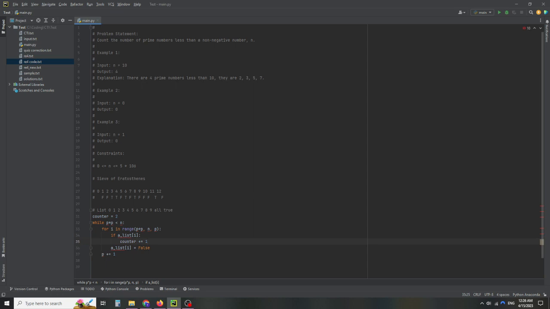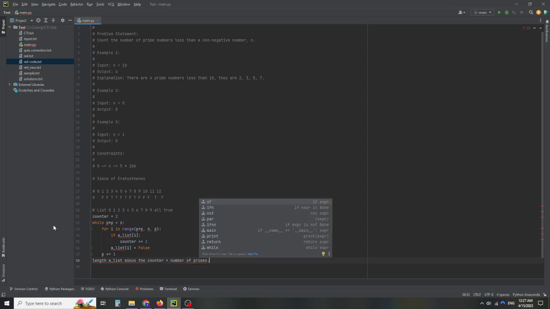I kind of didn't explain what this counter is going to do, but essentially I have an entire list of numbers, so I can just look at the length of the list minus the counter that I have, and that should equal the number of primes.